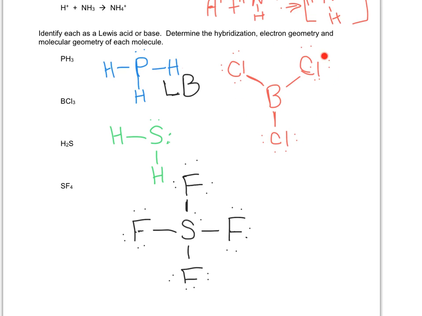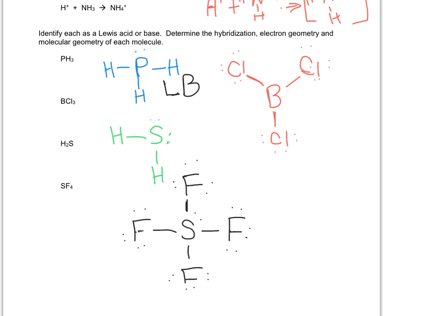BCl3 is right here. First, to determine if it's a Lewis acid or base, we check if it has a lone pair that it can donate or a vacancy where we can give it electrons. It does not have a lone pair to donate, and since it has 3 areas of electrons, it can accept another pair of electrons to get its octet.